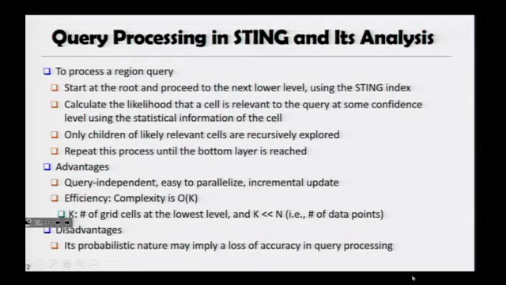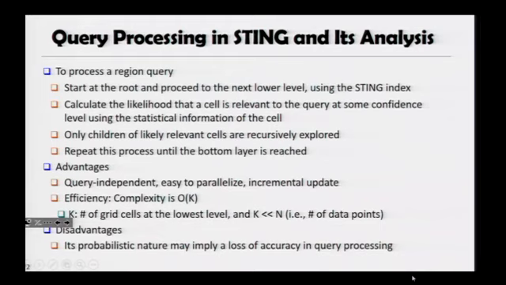So the algorithm will only proceed to the cells that are very likely relevant, doing this recursively, which means the core idea of the STING algorithm is approximation. They do not exhaust all the cells when doing this top-down search to answer a query. They only look at the most relevant cells using predefined likelihood measures.